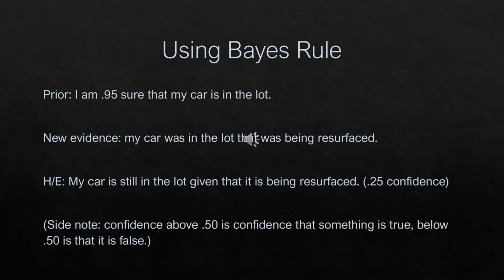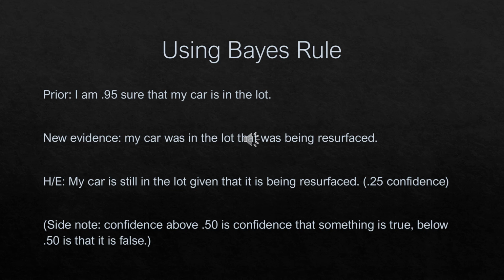But basically what's going on here, and you're doing this all the time in your head, even if you don't always know it, is that I'm following Bayes' rule. I'm taking my prior probability in a certain claim, and thinking about it in terms of what's going to happen. Here's my initial claim: my car's in the lot.